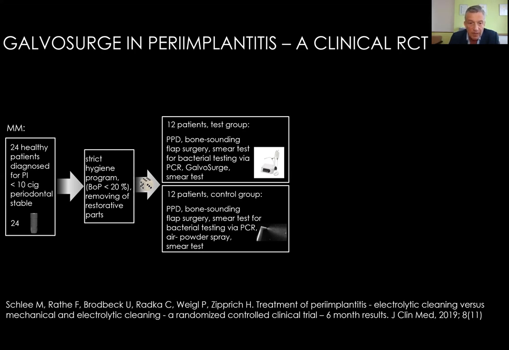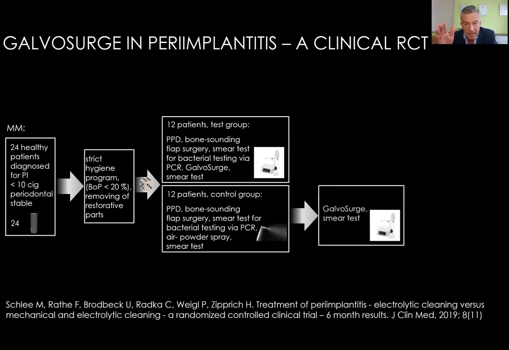The same with the powder spray group, but I knew that powder spray would not work, so we, after the PCR test, we ended this group and did another electrolytic cleaning. So the study had two aims. First of all, to prove, is there a difference in PCR testing between the two groups?